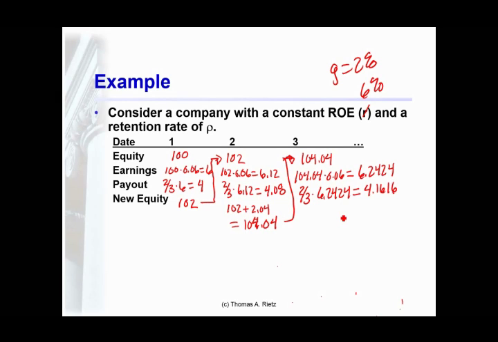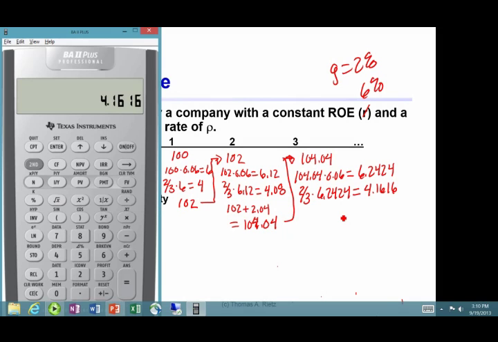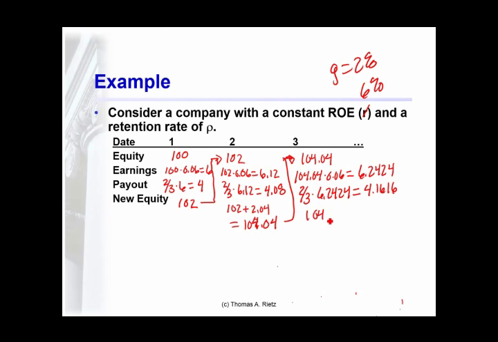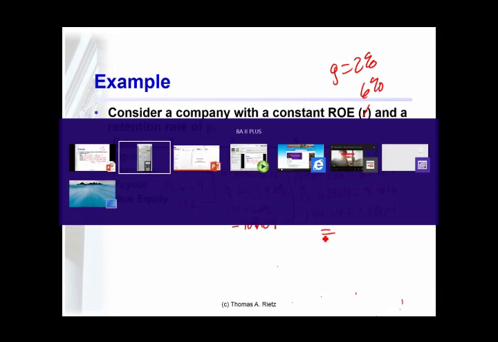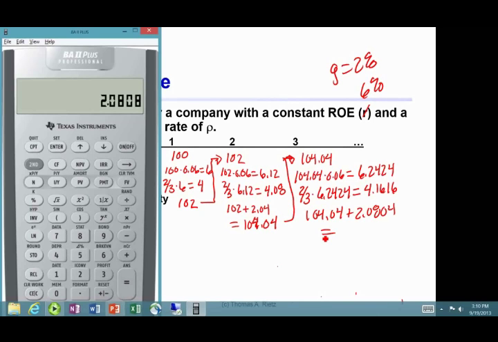So I'm going to keep in the company 2.0808, which gives new equity of 106.1208.